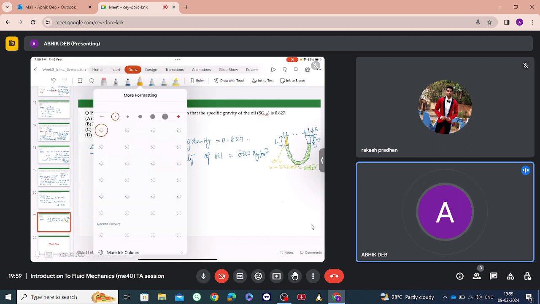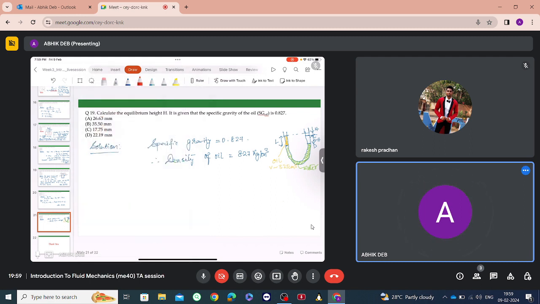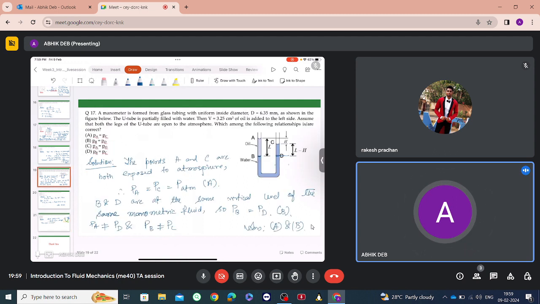Now the volume of oil is equal to 3.25 centimeter cube, and how do we find the volume?